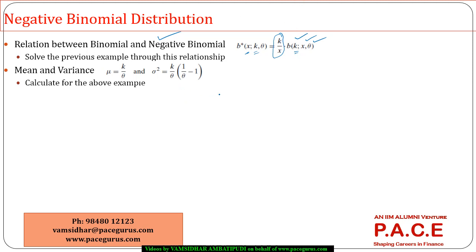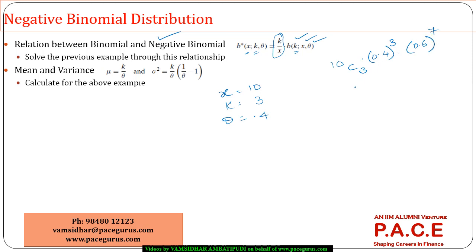Now if you look at the previous example, where our x was 10, k was 3, theta was 0.4. If I am going with the binomial distribution way, I would have computed 10C3, probability of success to the power 3, probability of failure to the power n minus 3, which is 7.